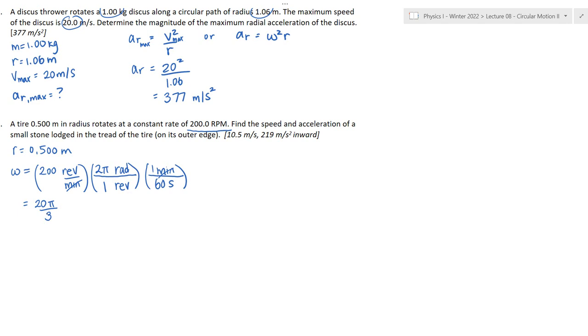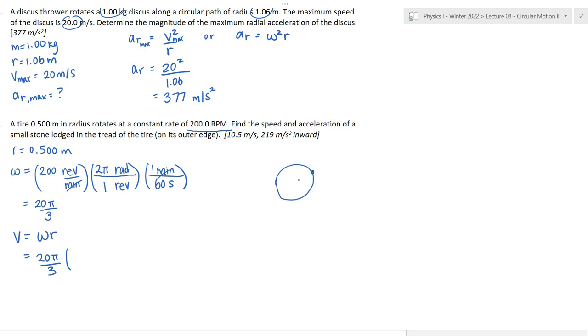So let's start off with the speed. So speed is V, and my equation for speed, when I know the angular velocity and the radius, would just be V equals omega R. Okay, so my omega is 20 pi over 3, and my R is just the radius of that tire because the stone is lodged on the outside edge of the tire. So if this is my tire, the stone is right on the outside edge.